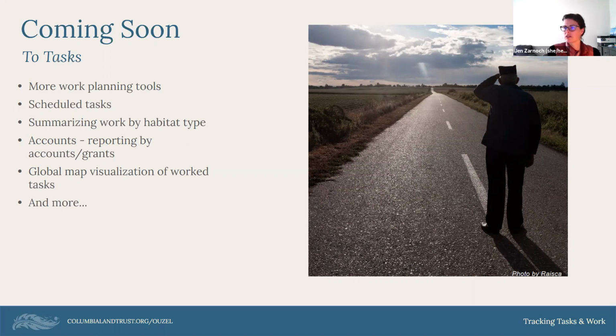What else? Oh, accounts. I pointed out the account stuff. So that is in there as a framework, but we're just going to finish it up and make it work a little bit better, where you could build out, say, the accounts that you're working on. I mean, you could in Ouzel, if you wanted to, even say, I have $10,000 for this fund. It's all going to go to contractors, and as you're doing the tasks, be tracking against that a little bit in this other way.